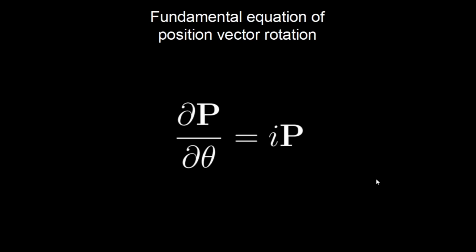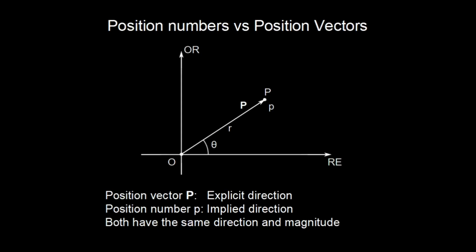So, we have obtained this fundamental equation. It's important to note that the orthogonal rotation factor I appears in this equation. We will discuss the deep meaning and the implication of the equation later. Next, we introduce a new number system to represent the position of a point in a plane.